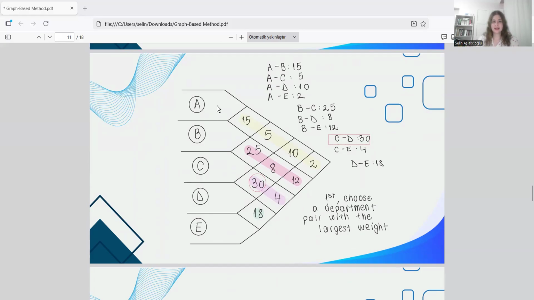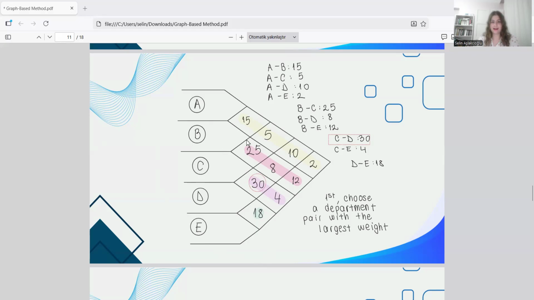So we can see that A and B have the score of 15, A and C have the score of 5, A and D have the score of 10, and A and E have the score of 2.